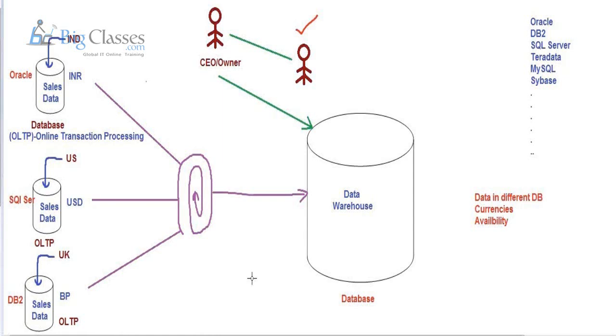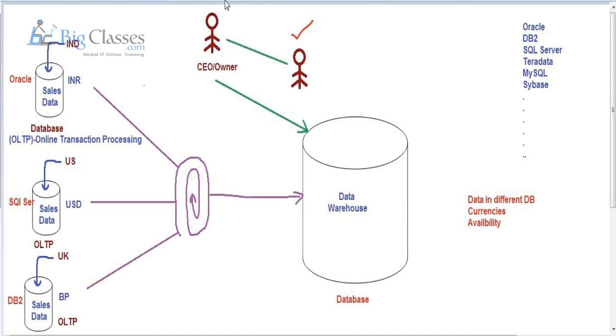Then, being the owner, I just expressed a doubt about the solution. The solution is looking good, but who will take care of this entire process? Then again, the IT executive started explaining something like this. Sir, simple. The process we are going to follow is, first, we are taking the data from all these 3 operational systems.